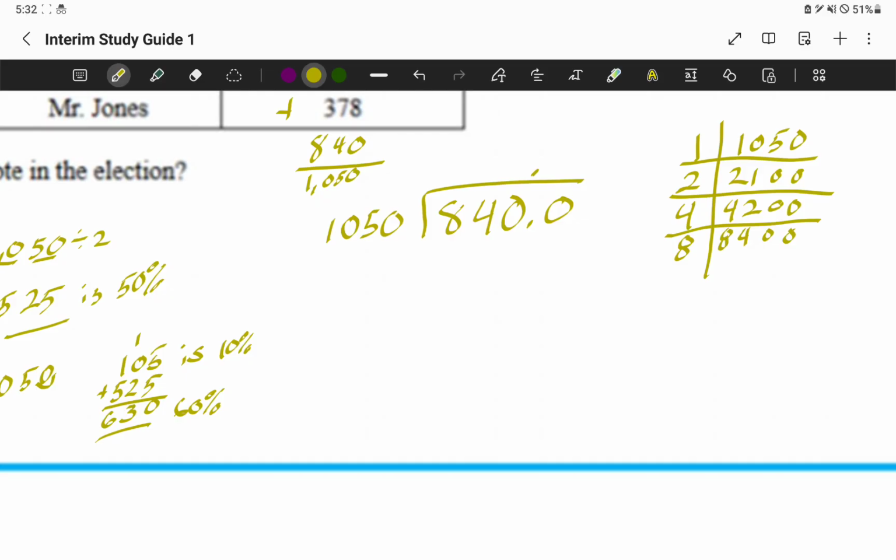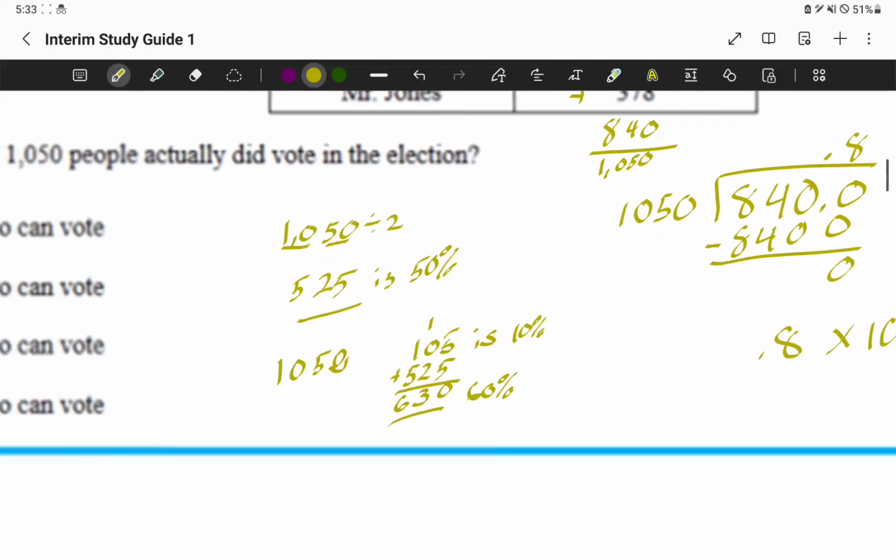Well, that's what we need. And so subtract and we get 0. And so 0.8, we multiply by 100 and get 80. And so that's your percent.